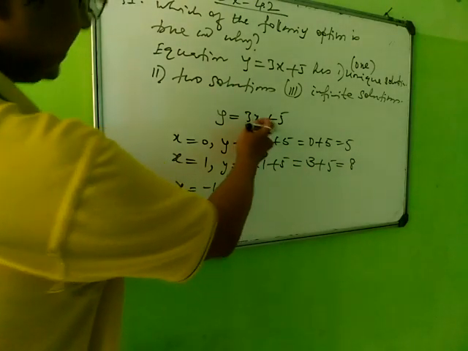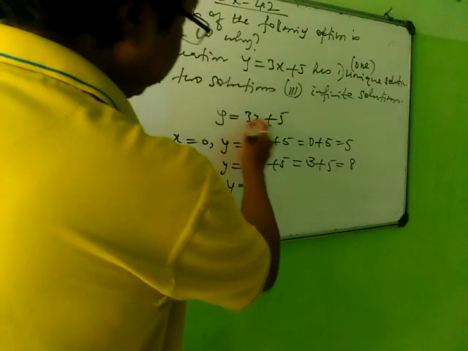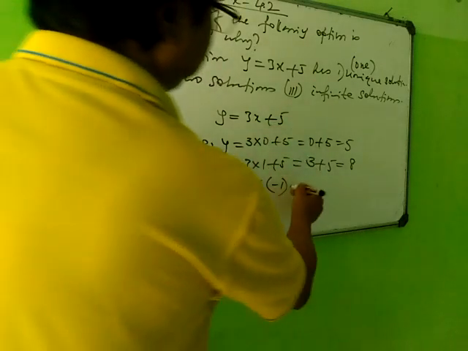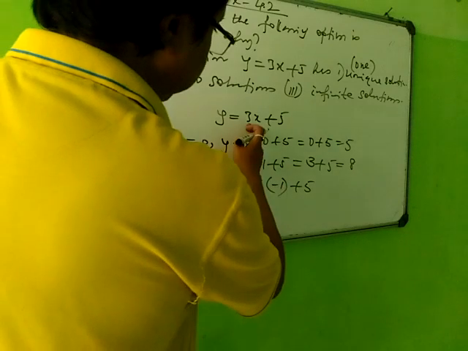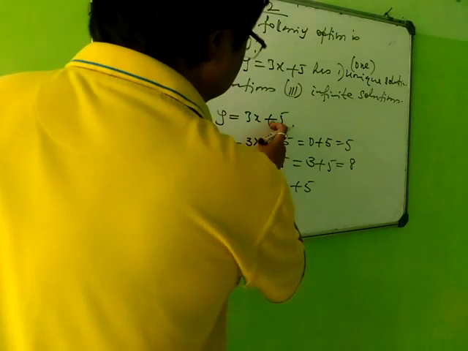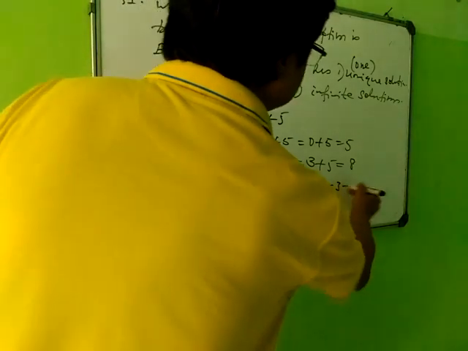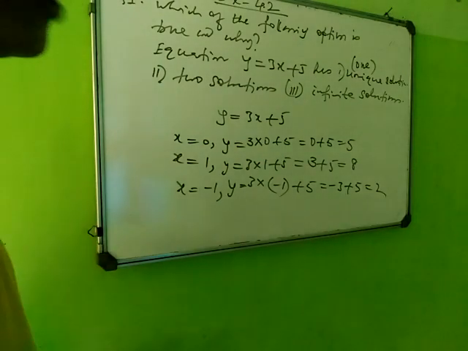Y is 3 into minus 1 plus 5. So plus into minus, minus. So minus 3 plus 5, you have got 2. That means like this you will get infinite solutions.